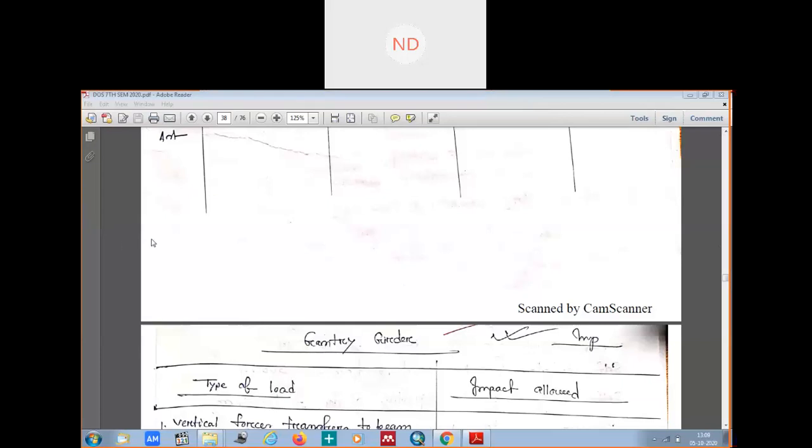So if I say this is your gantry girder, here you will have the reactions.